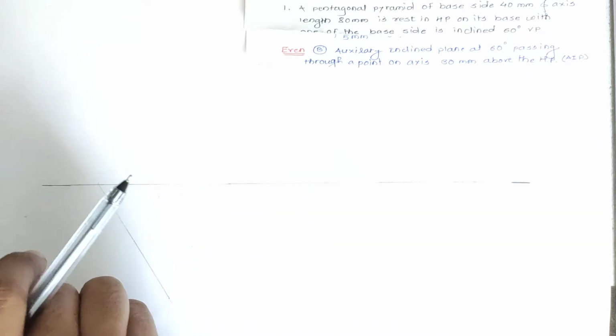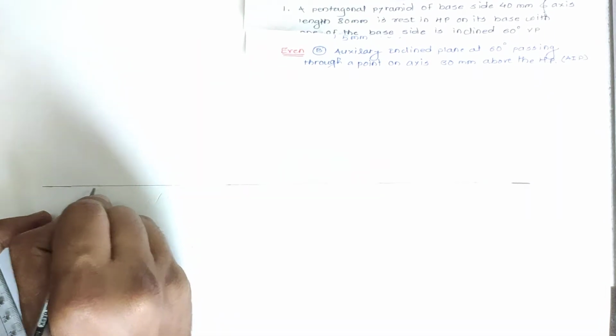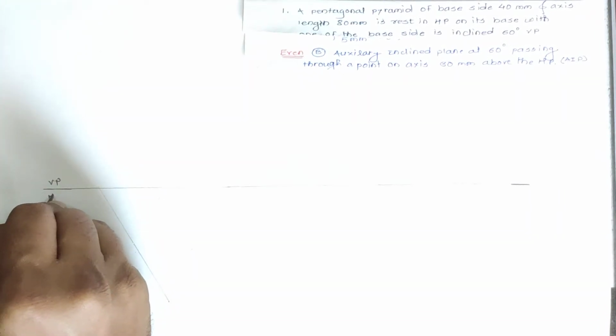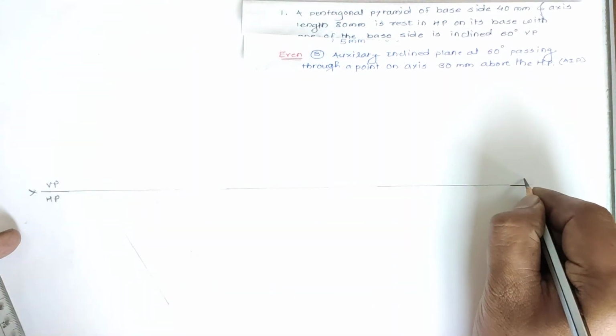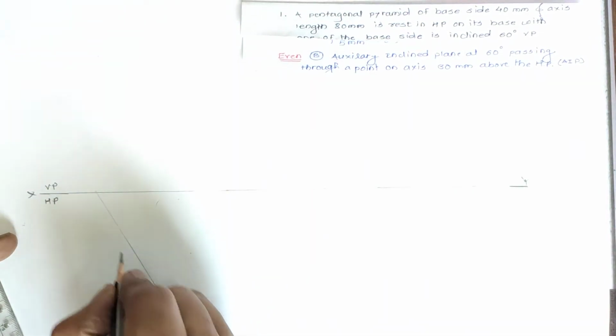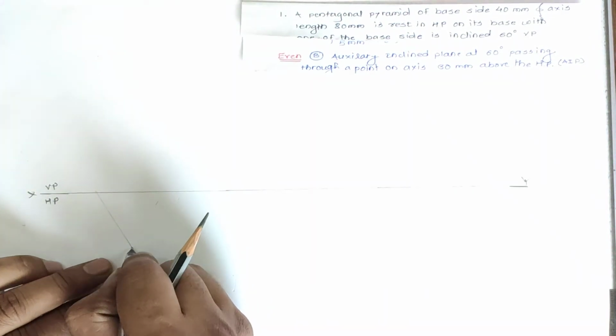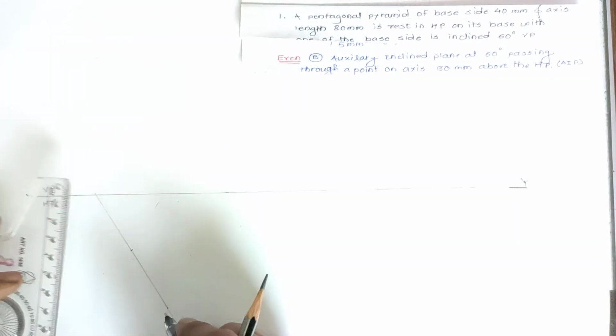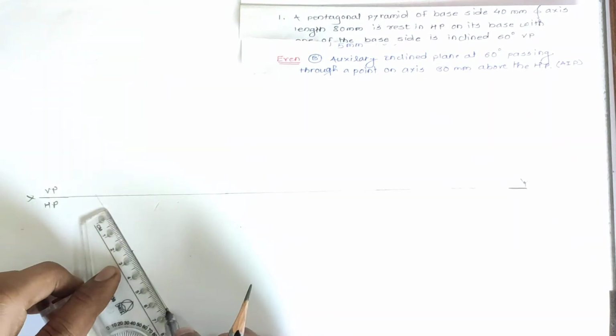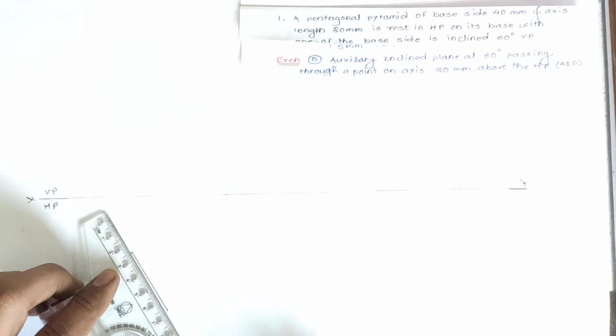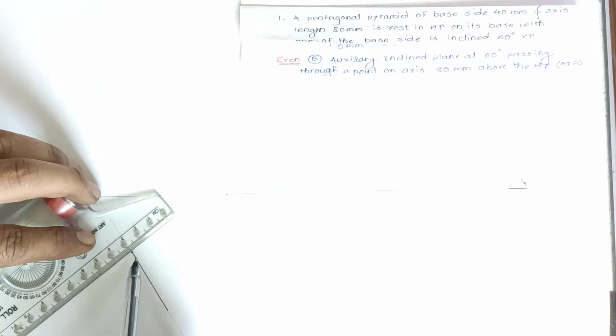First draw the 60 degree line, mark BP and HP, this X and Y we can mention here, then mark the point and draw the dark line.